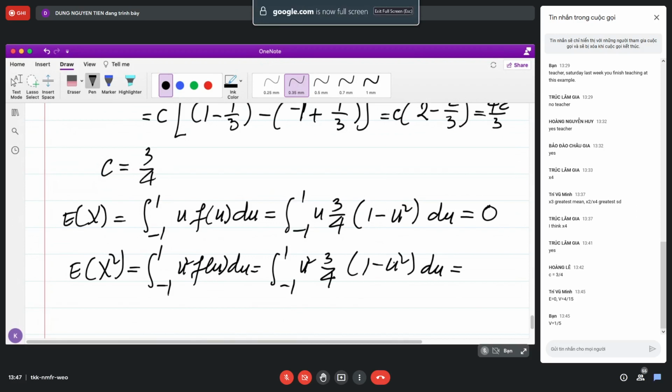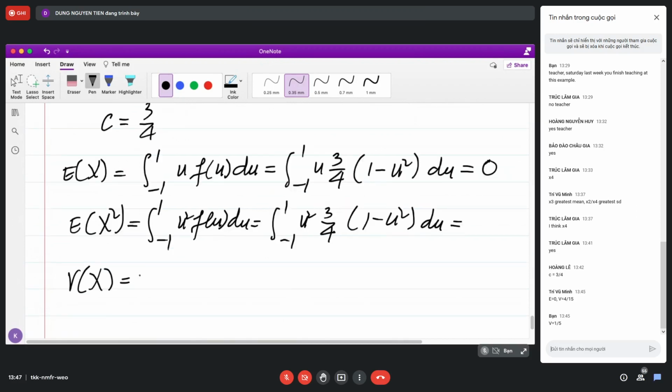Is it all right? And then you can find the variance of x, which is the mean of x squared minus the square of the mean of x. Okay. That's clear.